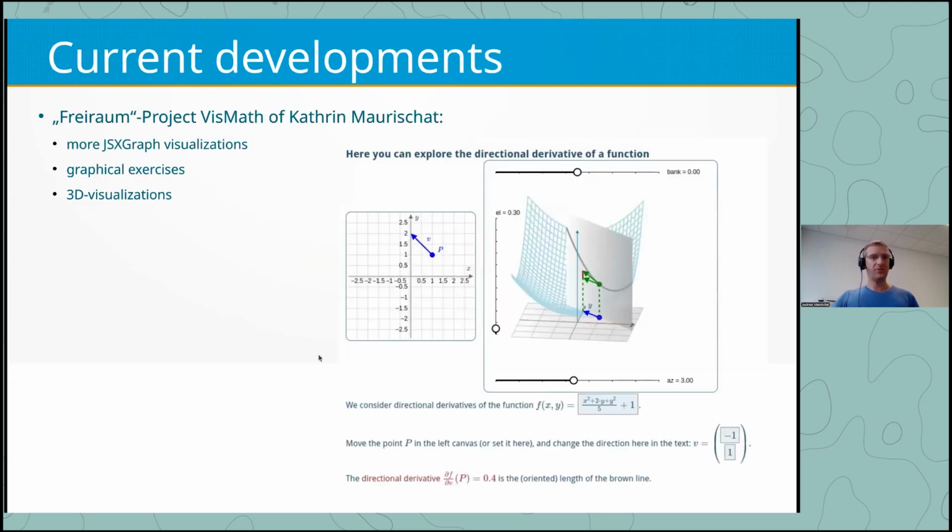And current developments: there's a project of my wife actually, which is called Business, and her group is doing more of these exercises with JSXGraph visualizations, not only but also in 3D.